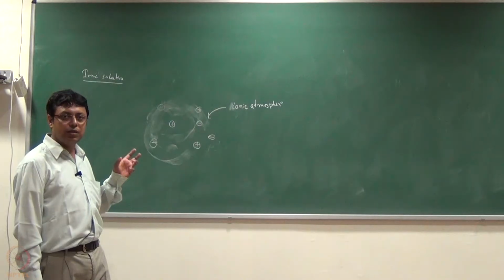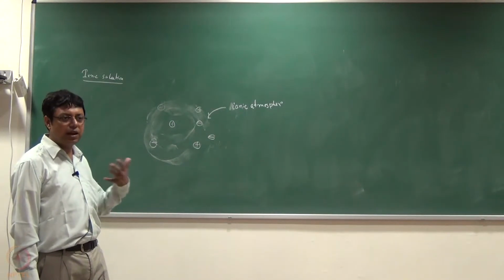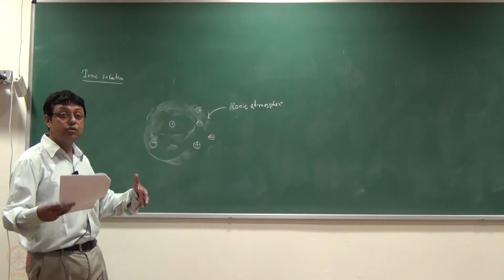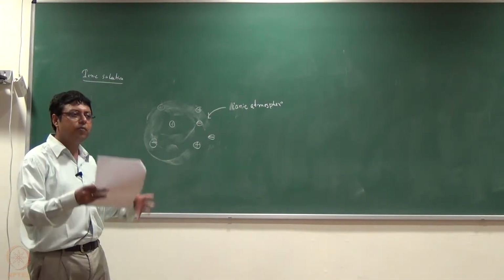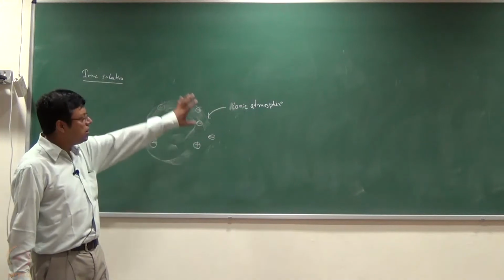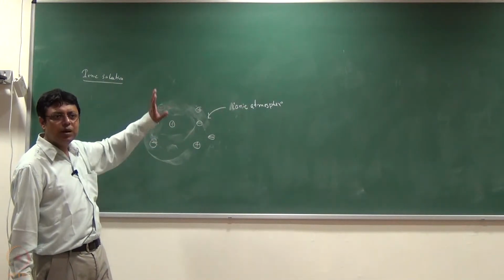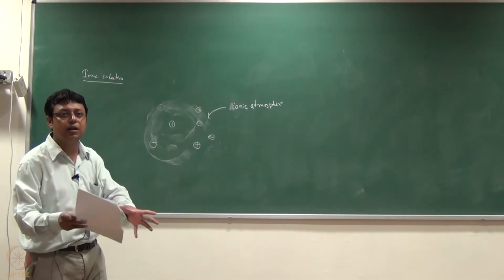Because there is always an attractive force, since it's a cation and an anion, and they are getting stabilized. So there is something extra on top of the Gibbs free energy of mixing and other things. But the mixing and everything, I already told, these are the mu plus ideal and mu minus ideal. That we are not going to write. All we are going to write is the non-ideal part.